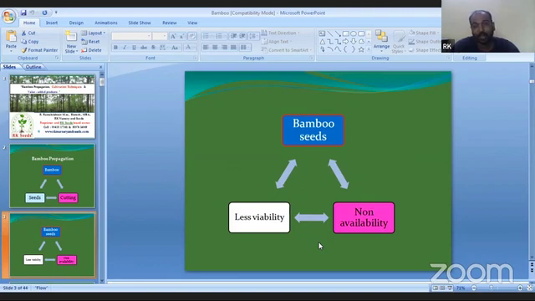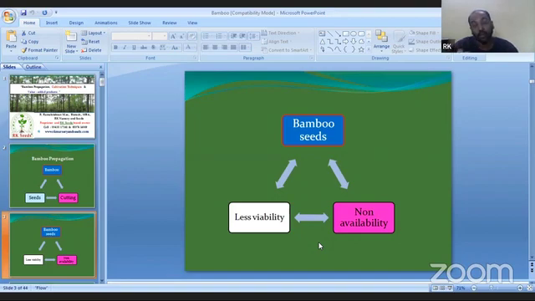Why? Because bamboo has many varieties, and each variety has a different time of flowering and fruiting, but at minimum 60 to 120 years. Suppose I go for Bambusa nutans: after 120 years it flowers, then seed bearing, then completely dries. Once it flowers, the plant dries completely.